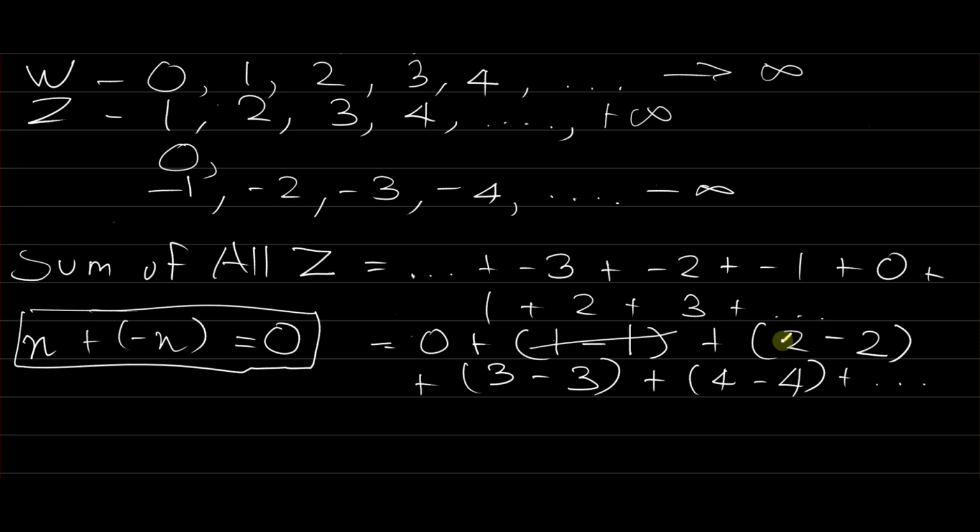Number 2 and its additive inverse -2, 0. 3 and its additive inverse minus 3, 0. 4 and its additive inverse minus 4, 0. And this happens for all the succeeding combinations. And since the sum of any number of zeros is just 0, the sum of all integers is 0.